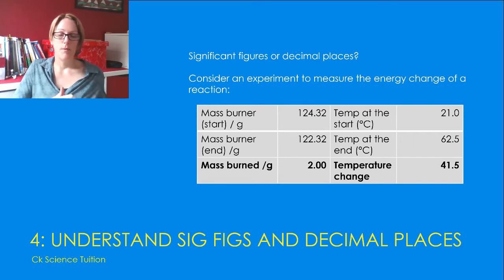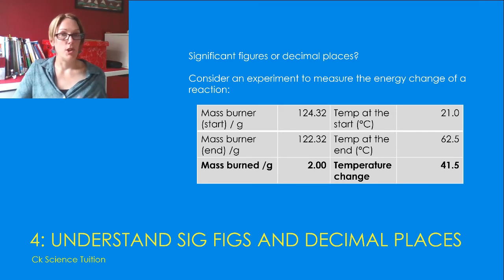By writing 2.00, I'm saying that I know my margin of error: the value is somewhere between 1.995 grams and 2.005 grams. It's somewhere in that reading, plus or minus 0.005 grams. That's why we put the 2 decimal places on, because that's the level of accuracy of the balance.